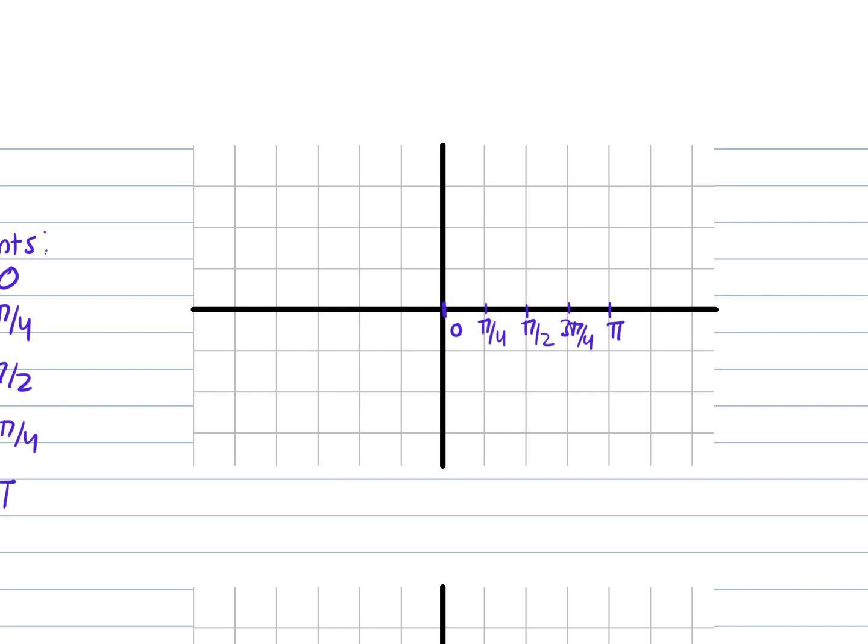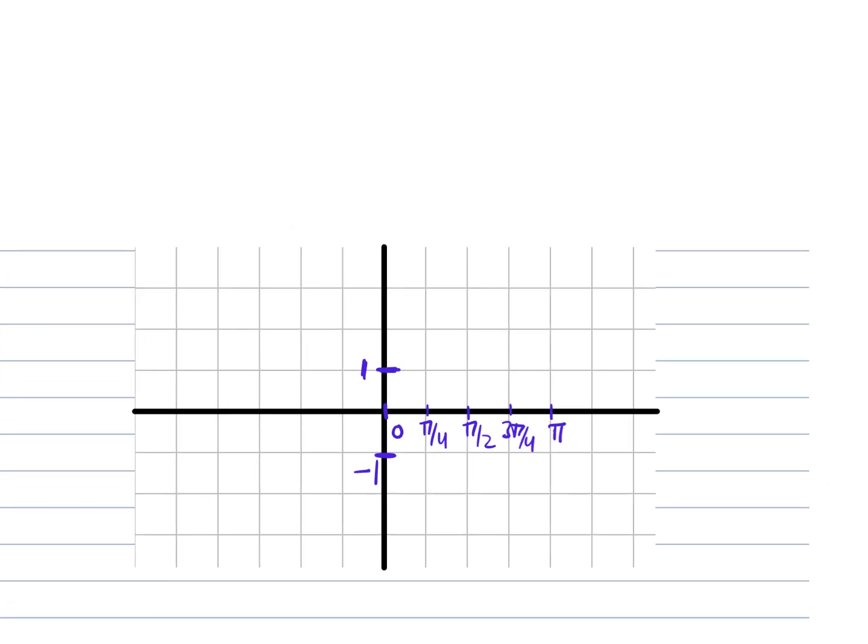Now I'm going to label these on the graph: 0, pi over 4, pi over 2, 3 pi over 4, and pi. Our amplitude is 1, so the highest it's going to go is 1. The lowest it's going to go is -1. This is where it gets a little bit different.